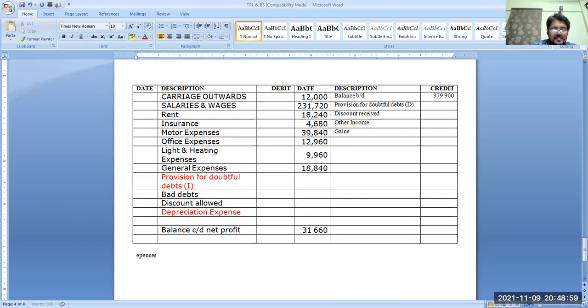For any expense, before entering it into the profit and loss account, take the expense paid or the expense reported in the trial balance, plus what you have to add: accrued, and you have to deduct prepaid at end.